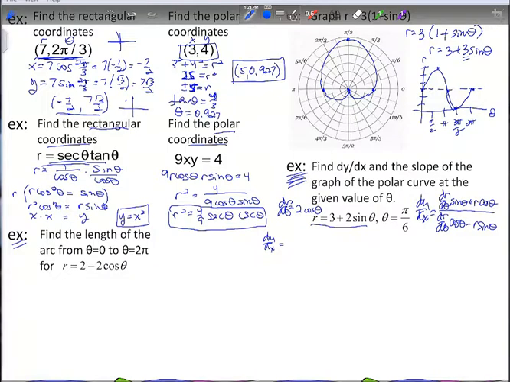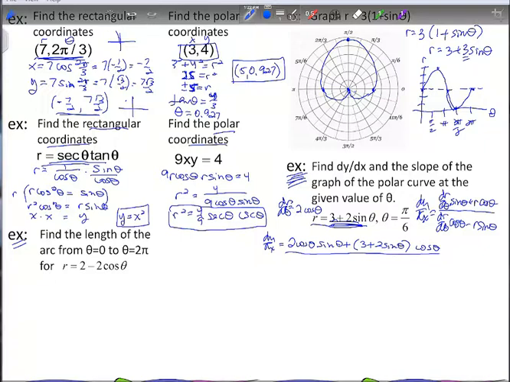Alright, so our dr/d theta is 2 cosine. Then we're supposed to copy down sine. Plus. Then r is this formula. So 3 plus 2 sine, copy paste cosine. And that's our numerator. Okay, now let's look at our denominator.